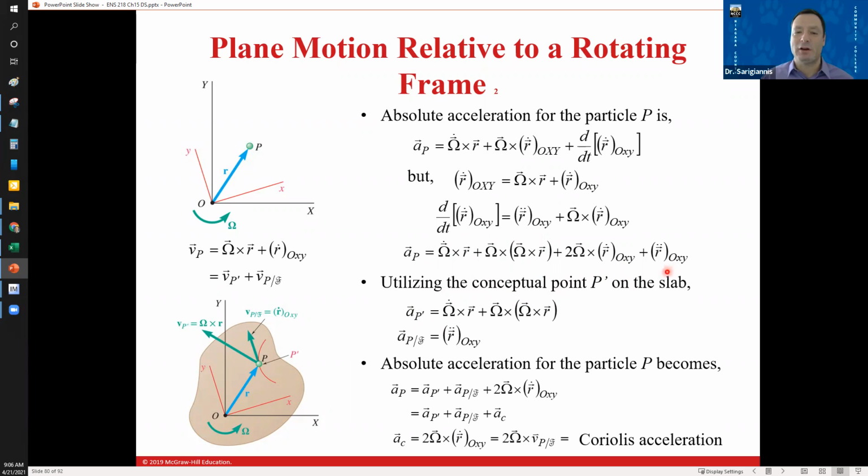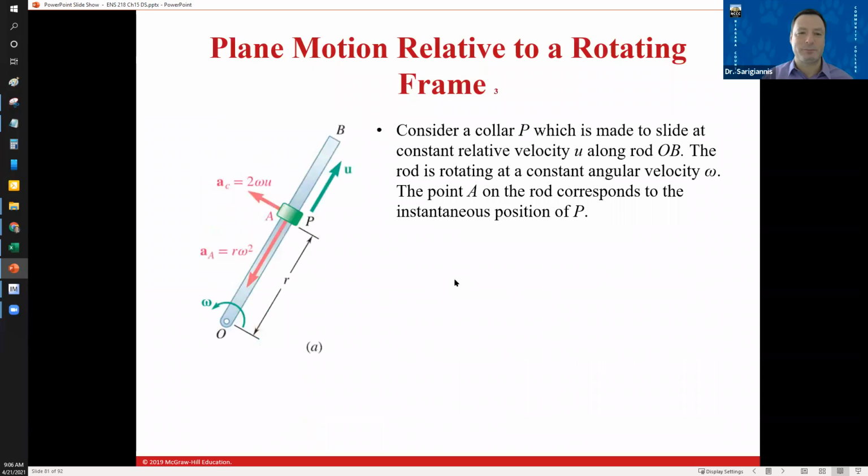This term over here is AP with respect to the frame of reference, and then you're left with this Coriolis acceleration, which is 2 omega crossed with R dot. Now R dot is actually V of P with respect to the frame of reference. So that's where this substitution comes from. You can write out the general form and then substitute in what you need.